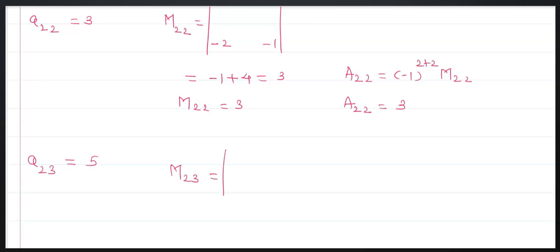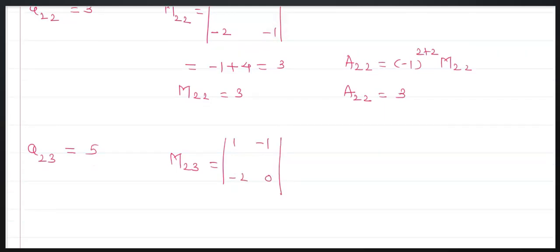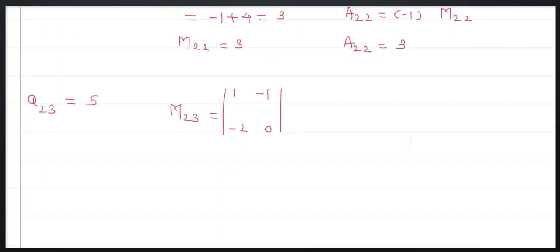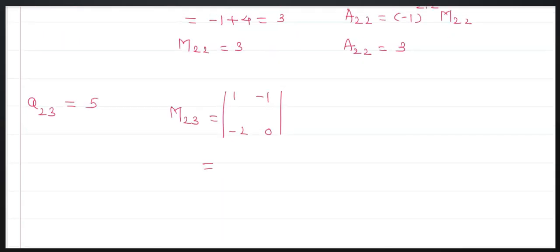A23 is equal to 5. Therefore, M23 is equal to 1 minus 1, minus 2, 0. And you will get 0 minus 2. That is equal to minus 2.